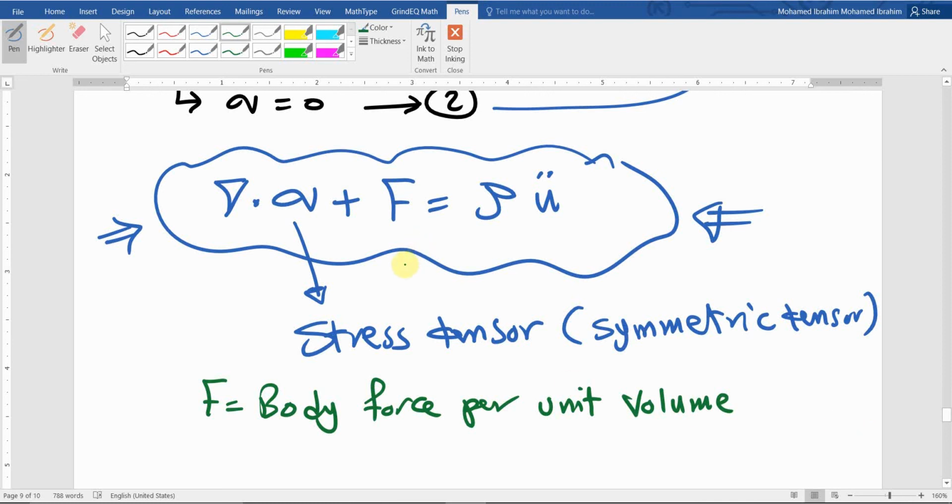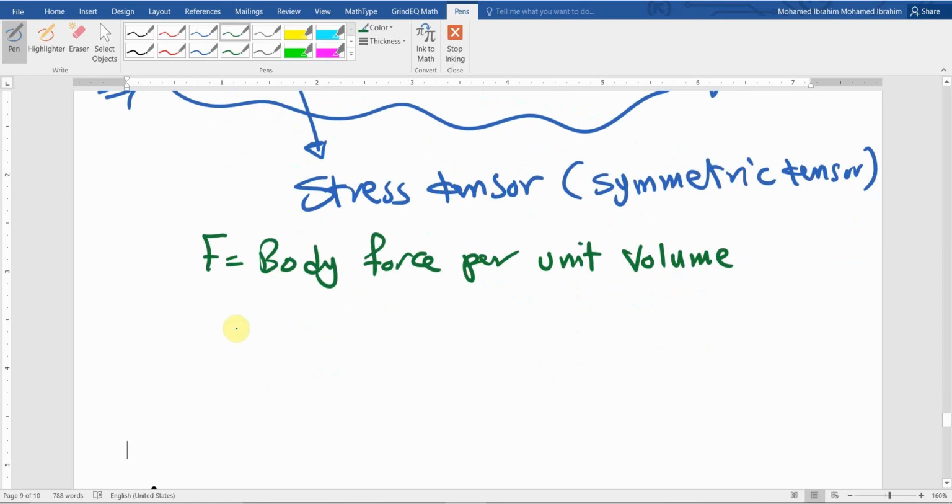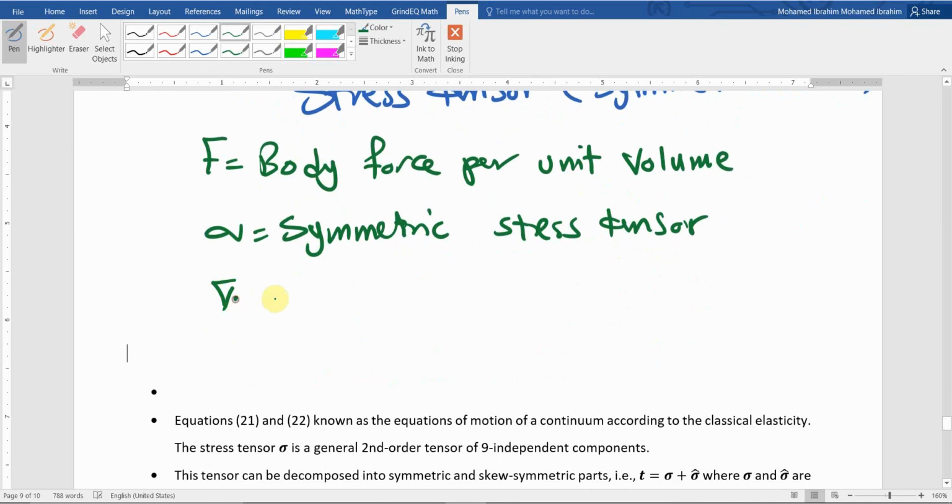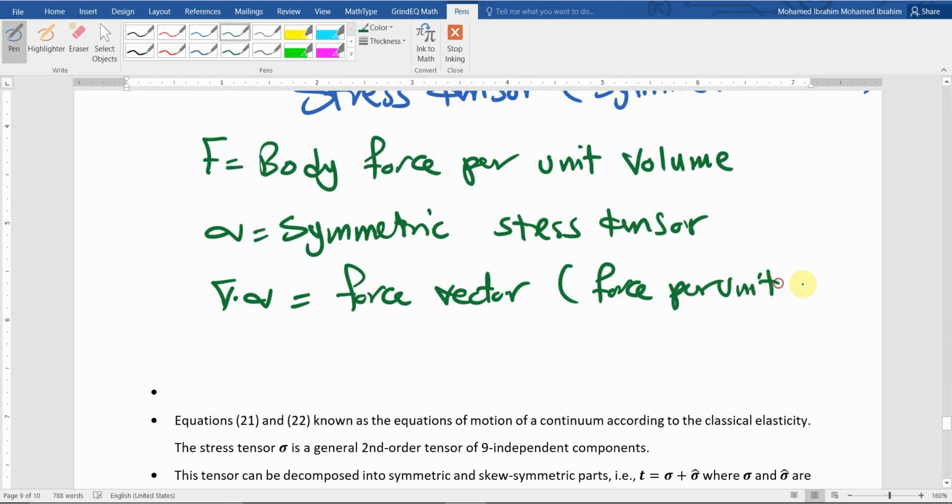And what is this body force? We said that it could be the interaction between the particles, an external force, the weight of the particle, pressure, whatever it is, right? In addition to this, we have sigma, which is the symmetric stress tensor, and nabla dot sigma, which is the divergence of sigma. This gives a force vector, but it is force per unit volume as well.